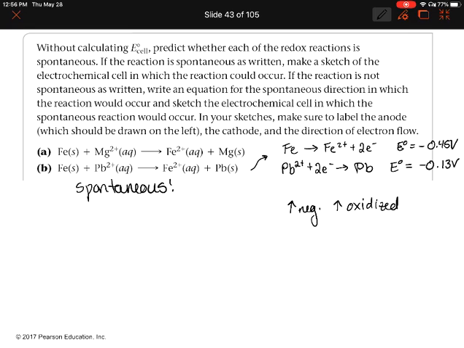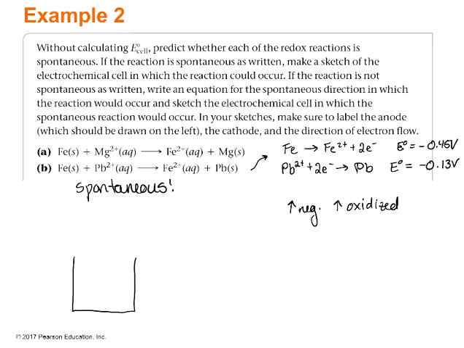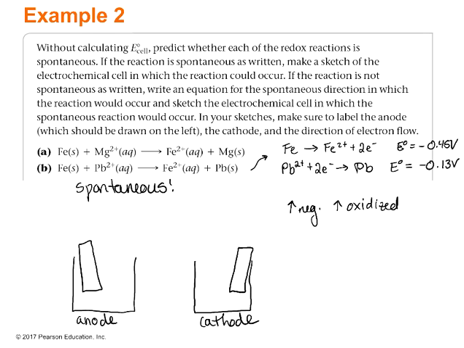All right, so now let's draw our electrochemical cell. Remember, the anode is on the left and the cathode is on the right. On the left-hand side, we want the oxidation half reaction because that's what goes with the anode, so we would use iron on the left, and then on the right, we would have lead.